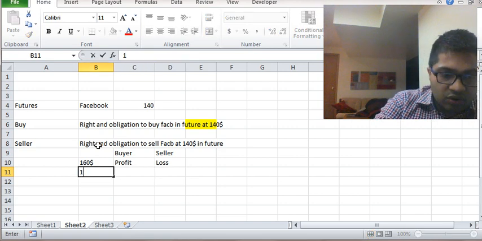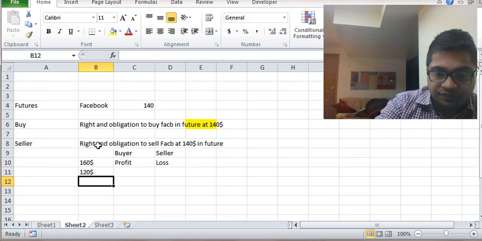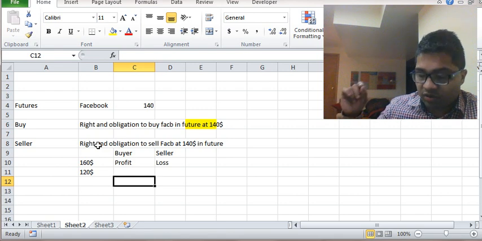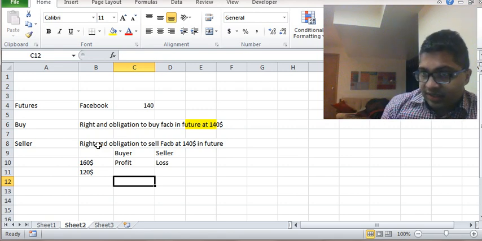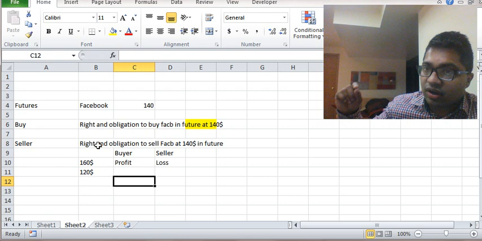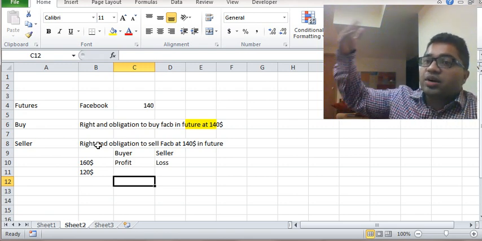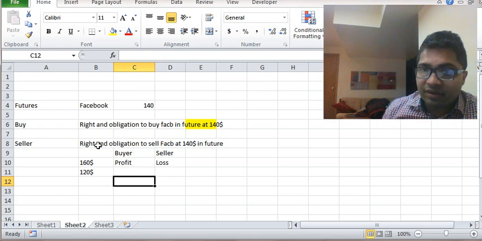If the stock goes down to $120, what would happen? The seller will make money now. Everyone is selling Facebook stock at $120, but the seller can sell at $140. So you are selling higher than the market price, and you will be in profit.